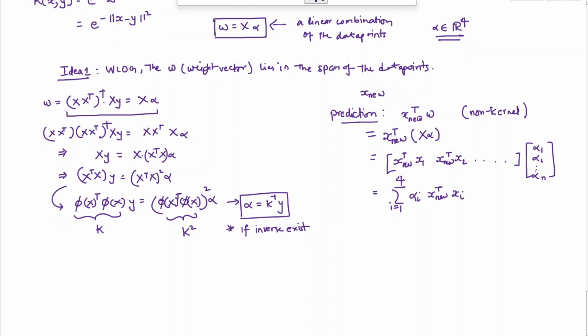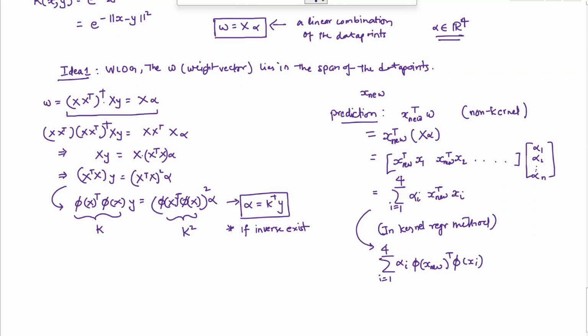Now what happens in the case of a kernel method, or kernel regression? The same thing is the prediction, with this minor difference. Instead of x new transpose xi, we will have phi of x new transpose phi of xi.